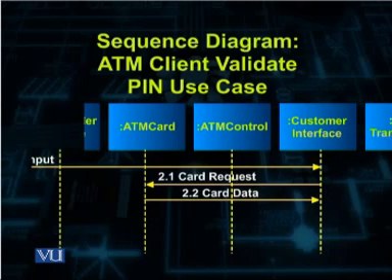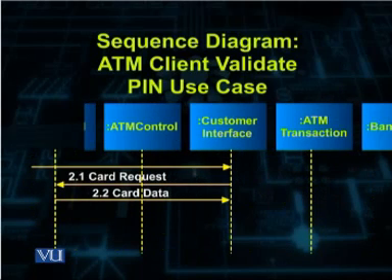In other words, the customer interface sends a message to the ATM card saying that I need information or data about this particular card, which is then provided to the customer interface object. And as you can see, the direction of arrows will tell you the flow of information in this diagram.